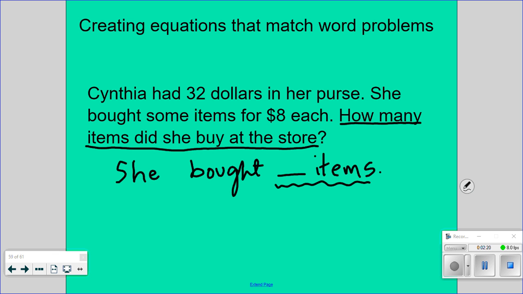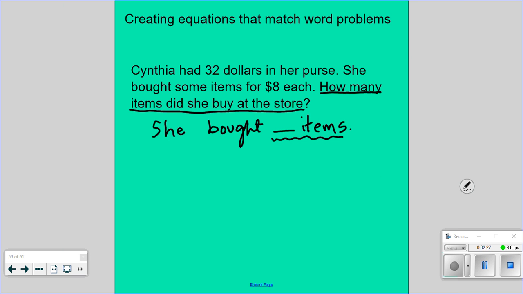That works. All right, we are going to put what we know in a bar model. So go ahead and draw a bar. What are some things that I do know from this problem?